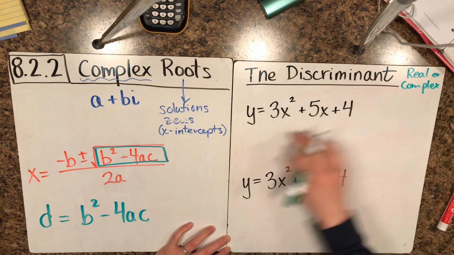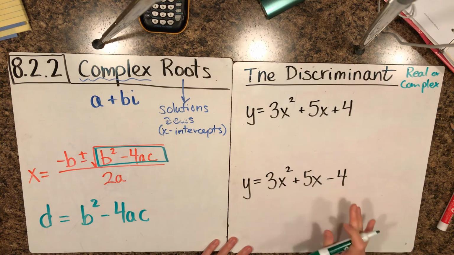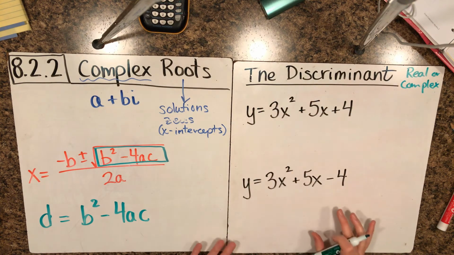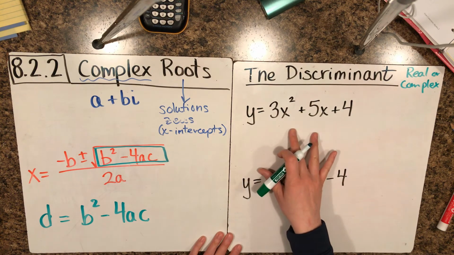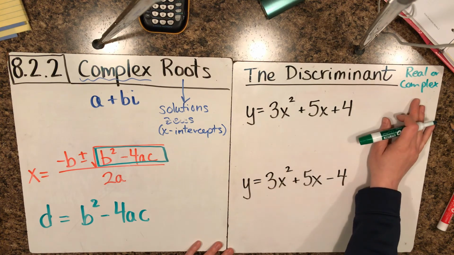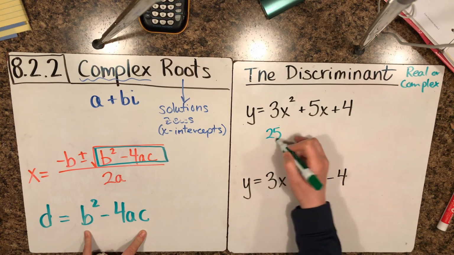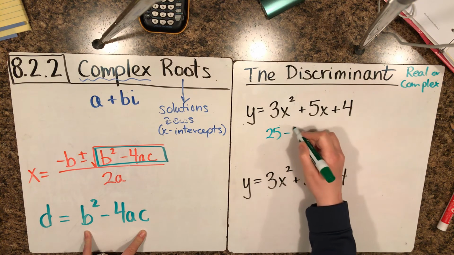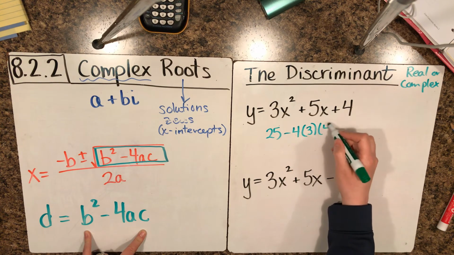And again, I can't look at this and just know off the top of my head what this graph looks like, or this one. So instead of doing the whole quadratic equation, because the question's not asking me to find what the roots are, it's just saying, are they real or complex? So all I have to do is b squared, okay, so 5 squared, minus 4 times 3 times 4.